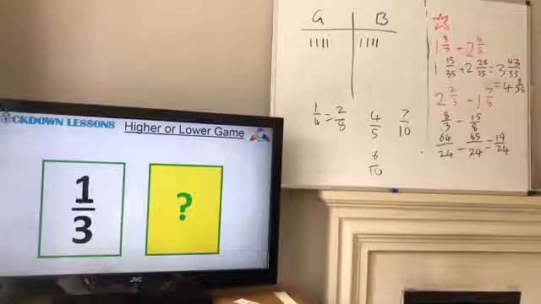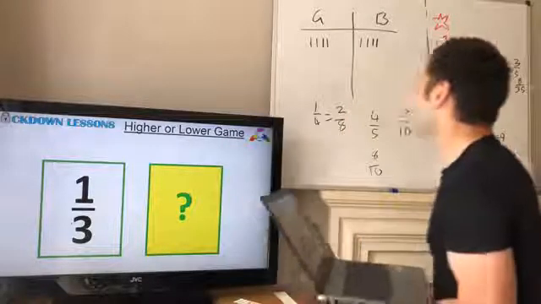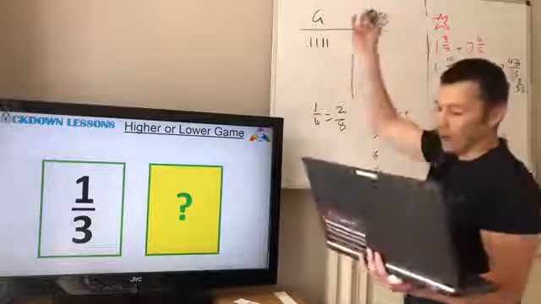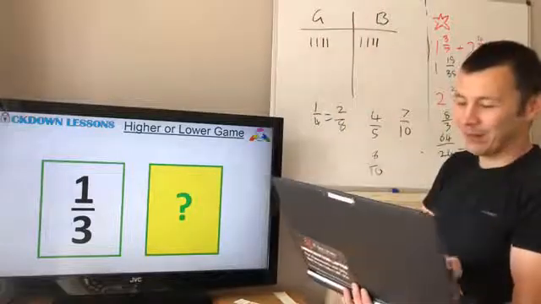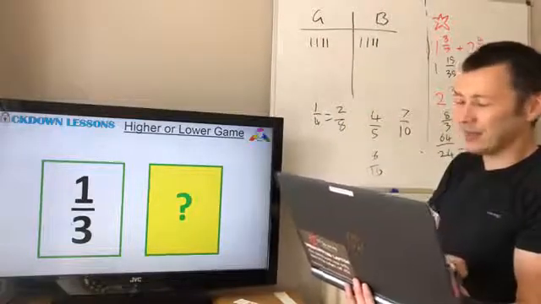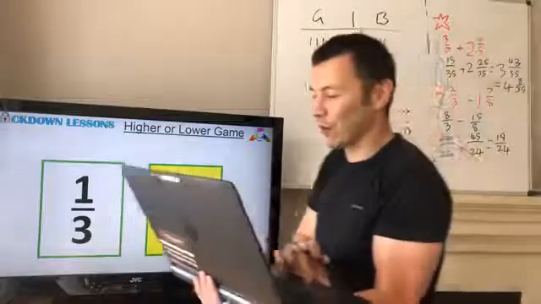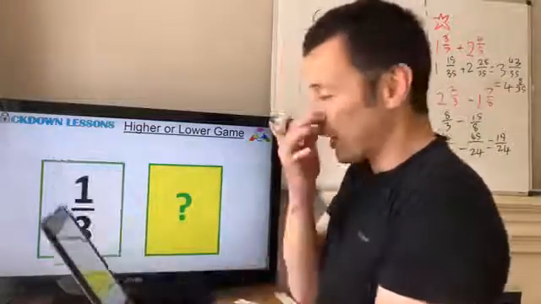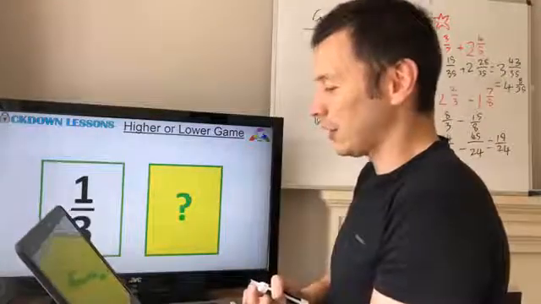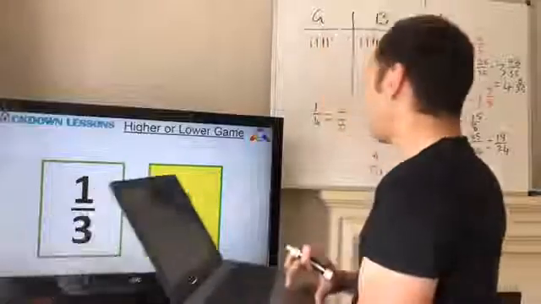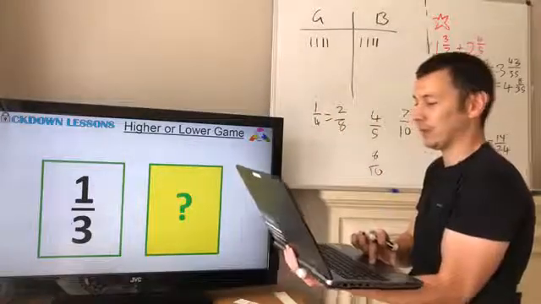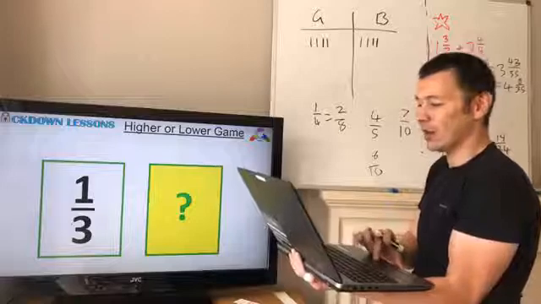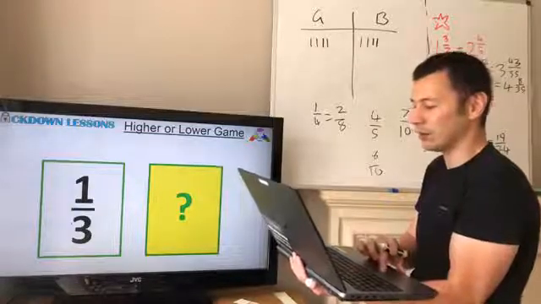Here we go. 1/3. It's lower, so the boys can steal the game. For the boys to steal the game, higher or lower than 1/3? Despite the girls going first.